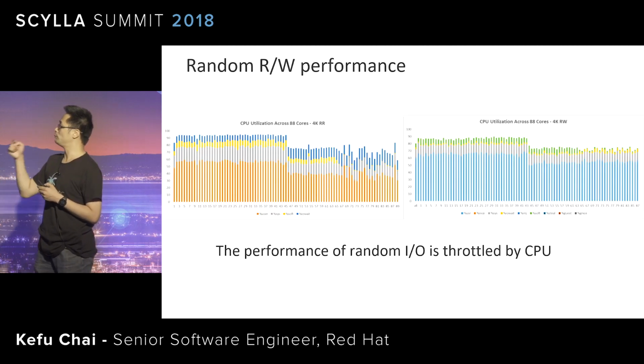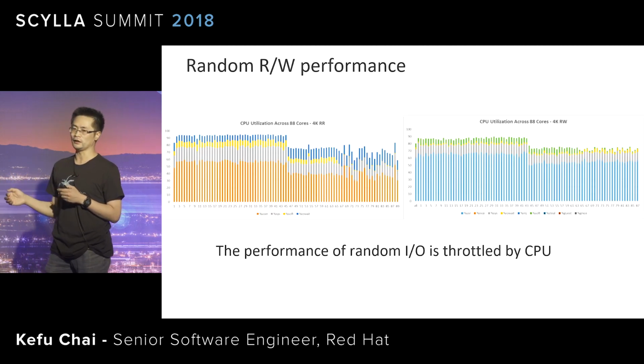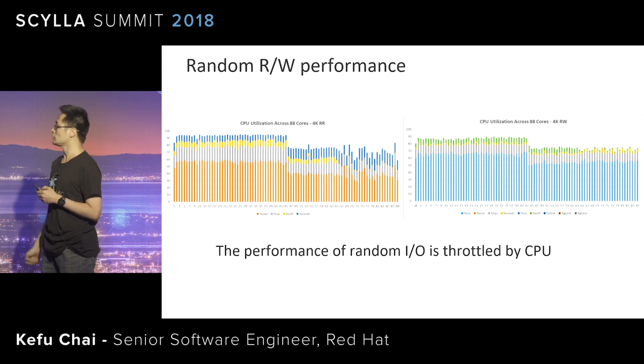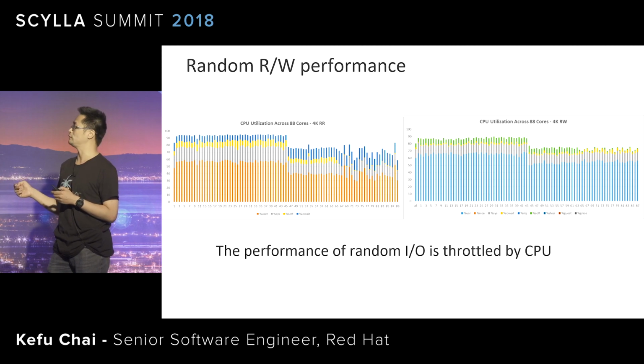This is another benchmark profiling performed by an Intel group. They are using a CPU with 88 cores and a high-end Optane device as the underlying disk. So the bottleneck is not the block device anymore. It is the CPU.